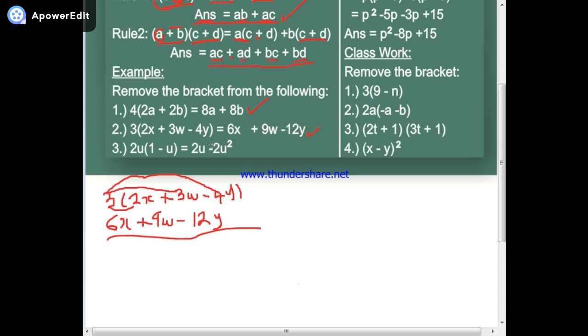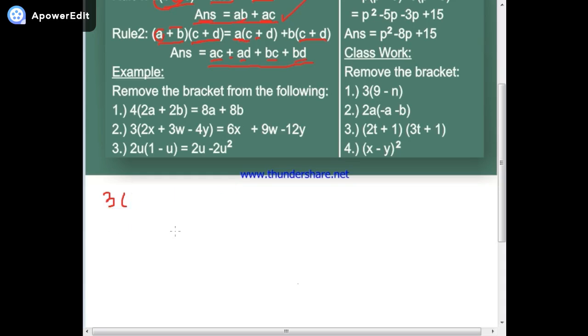So now the next one, which is number 3, is 2u into bracket 1 minus u, close the bracket. So what are we going to do here?